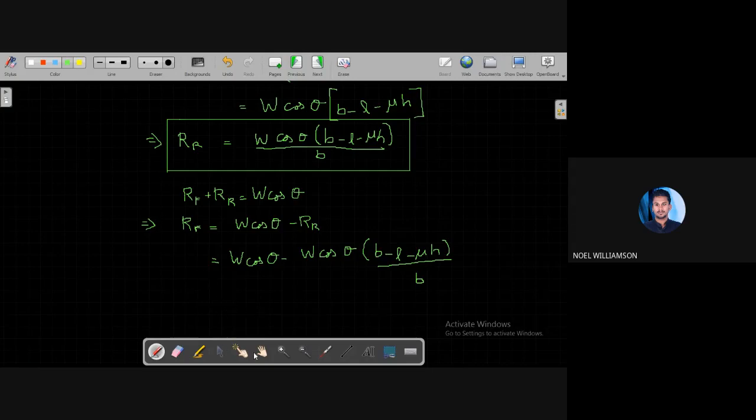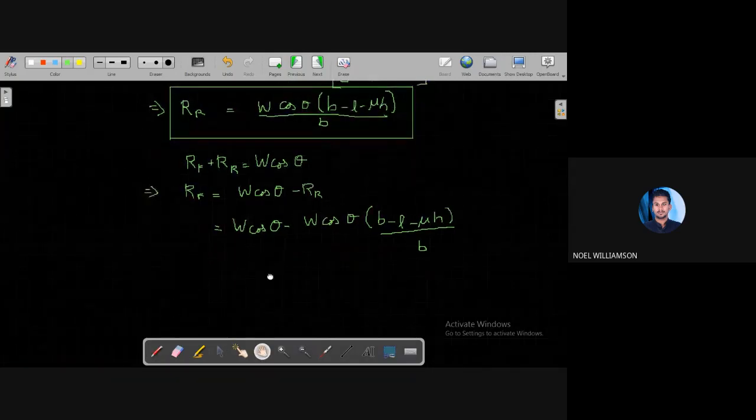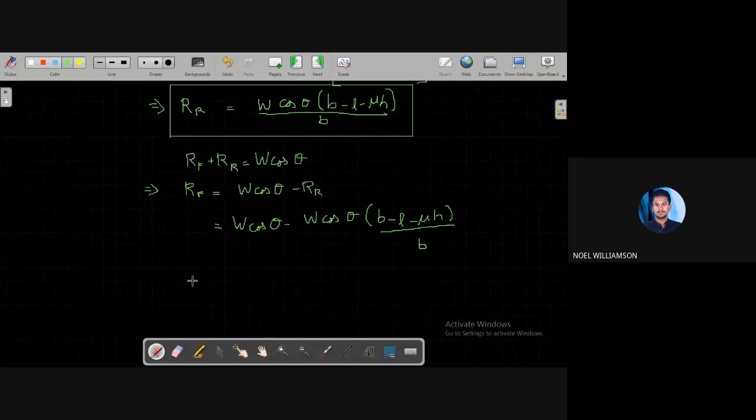We can take W cos theta common, so that it will become W cos theta into 1 minus b minus l minus mu h by b.